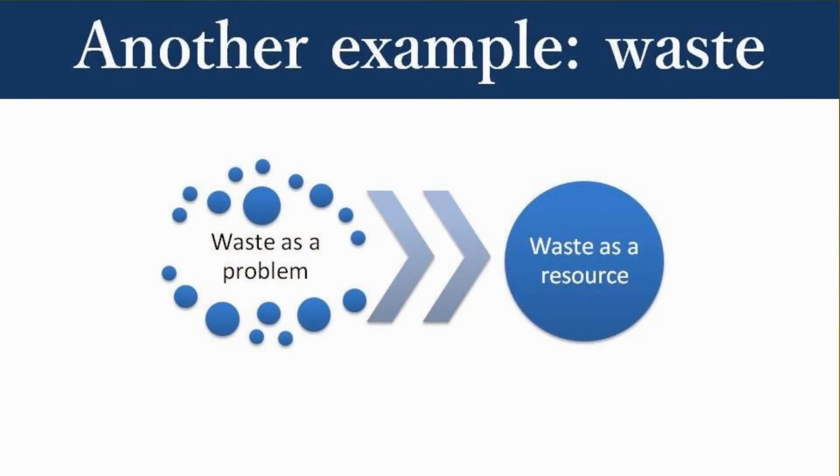Another example is waste. Waste is waste because it's something that is not used. But if we consider that what we abandon can be reused for other things, we have a different way of understanding waste. So in the end, waste becomes something useful, and waste becomes a resource.